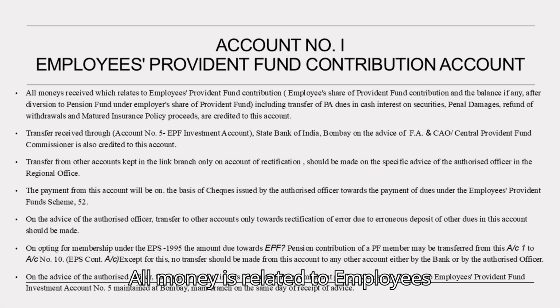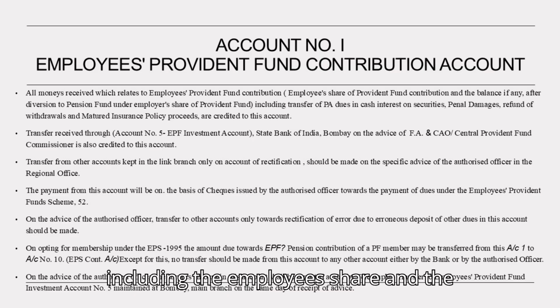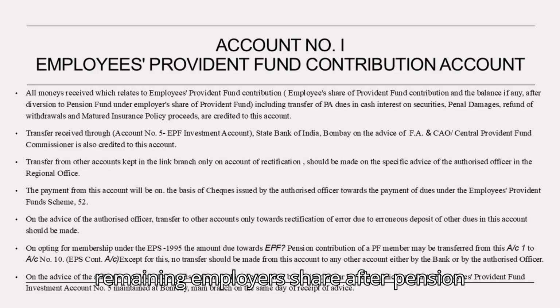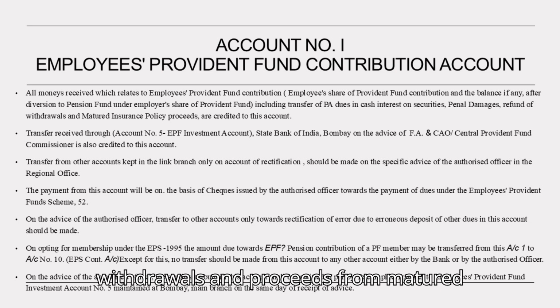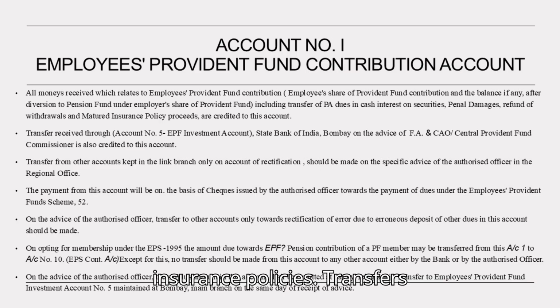All monies related to Employees Provident Fund, EPF, contributions, including the employee's share and the remaining employer's share after pension fund diversion, are credited to this account. This includes various sources such as transfer of provident account, PA, dues, interest on securities, penal damages, refund of withdrawals, and proceeds from matured insurance policies.